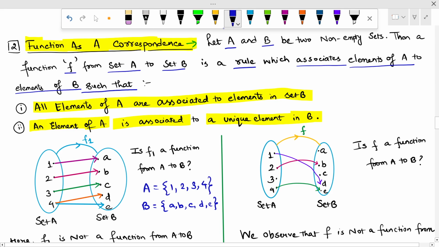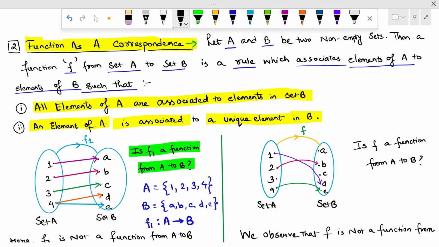And we have defined a mapping from set A to B. We named this as F1 from A to B. Now we need to check whether F1 is a function from A to B. For a mapping to be a function, we need to satisfy these two conditions.